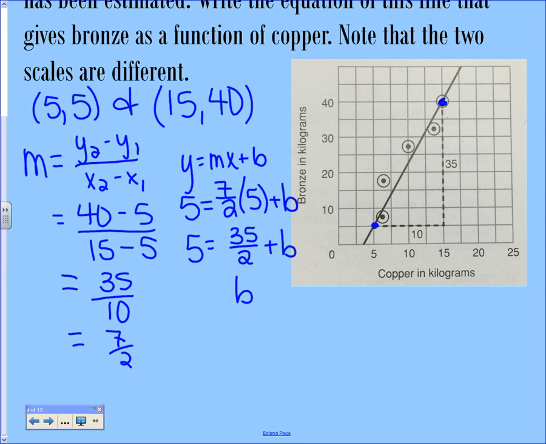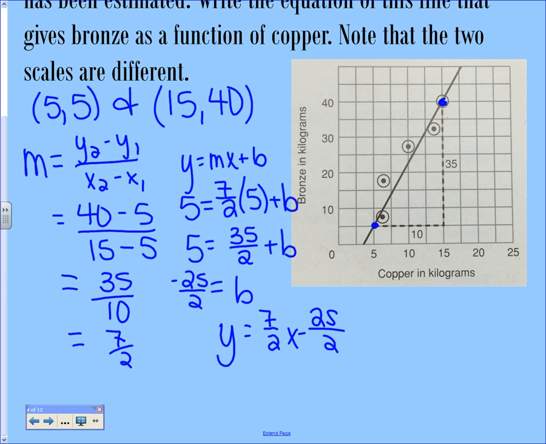So what would your b equal? Do you agree? Okay, what would be our equation? All right.